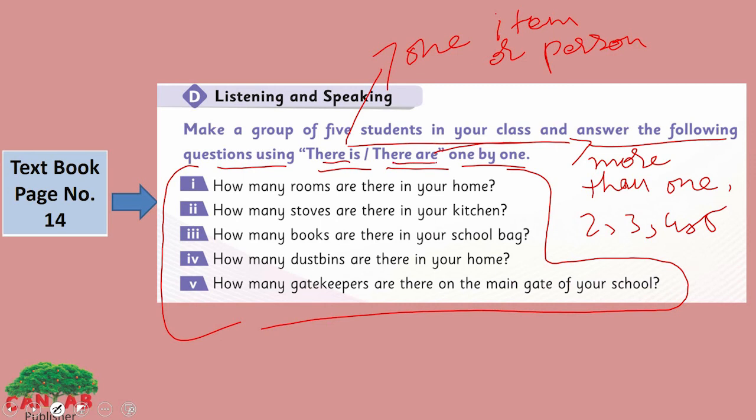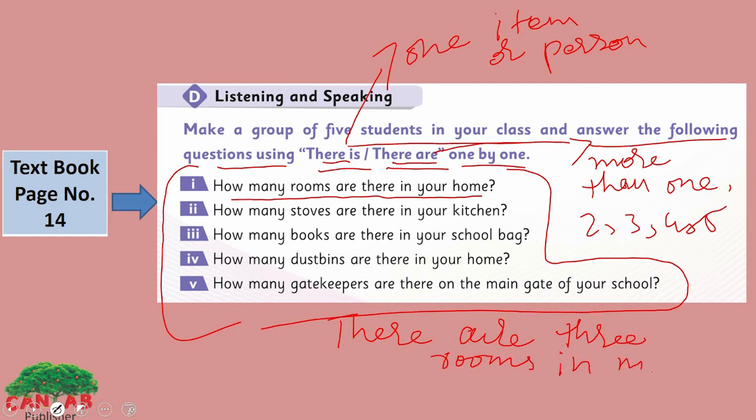For example, if one student asks another student, how many rooms are there in your home? If you have 2 rooms or 3 rooms, you will answer like this: There are 3 rooms in my home. Look at the answer here. The person is asking about rooms, more than one, not about a room.